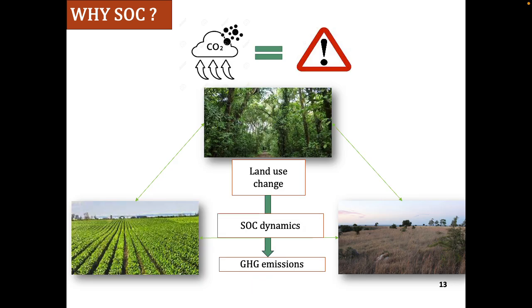We can see that land use change is a major and the main driver of soil organic carbon at global scale. It plays a crucial role in regulating soil organic carbon dynamics and GHG emissions. Depending on the direction of the land use and land management practice, this action can increase or decrease the soil organic carbon.